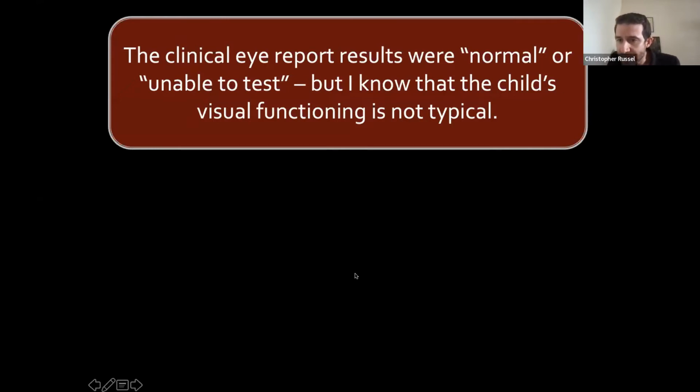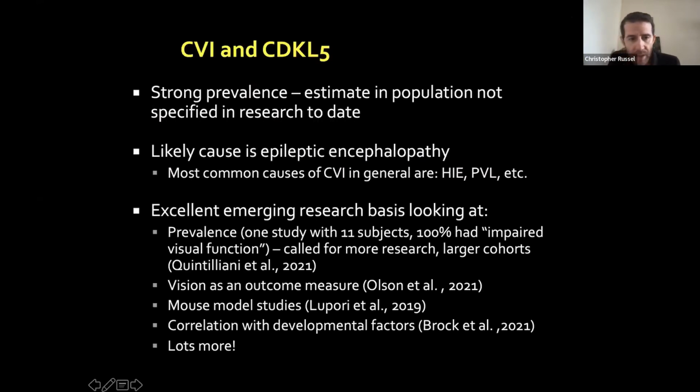Let me see, the one that I cited for the mouse model was Lupori et al., 2019. I'm not super aware of the broader range of research out there, or the people involved in that research, so you may be aware of other ones that are equally relevant to you.